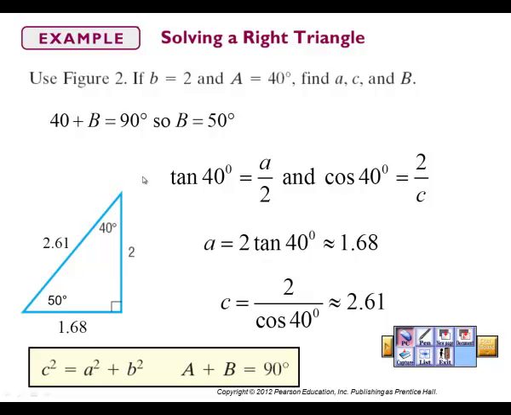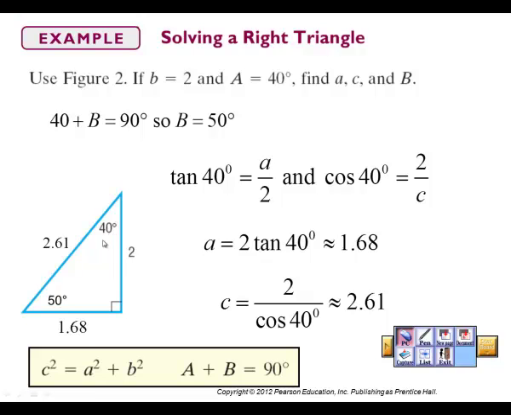So what they did is they multiplied 2 to both sides, and they got 1.68. And you could also use cosine of 40 degrees, which would be 2 over side C, and they get 2.61.